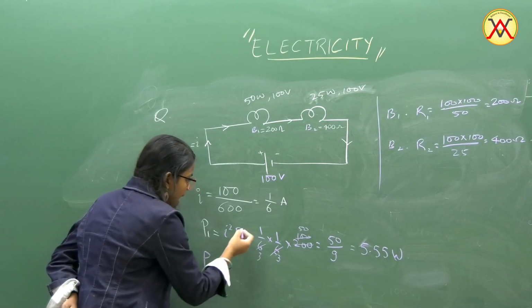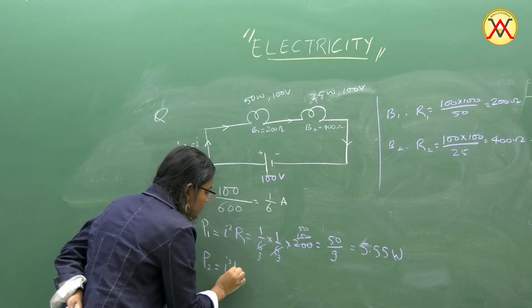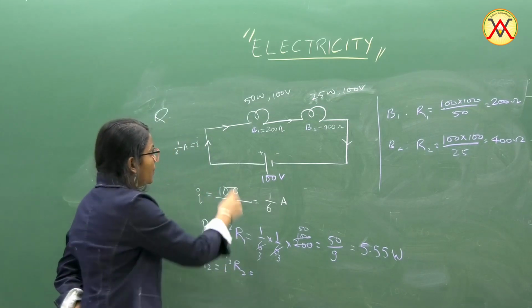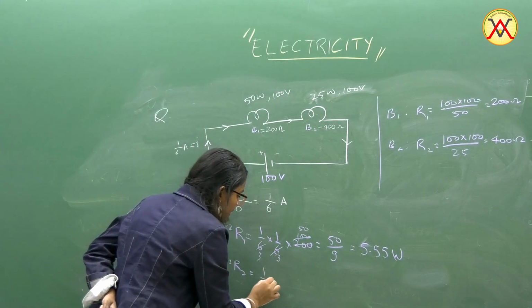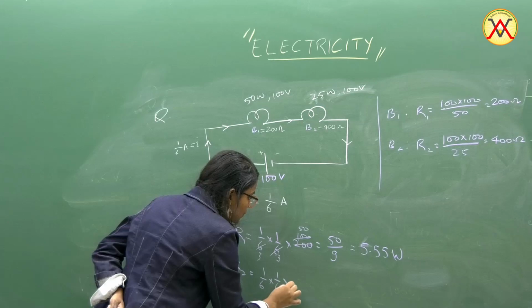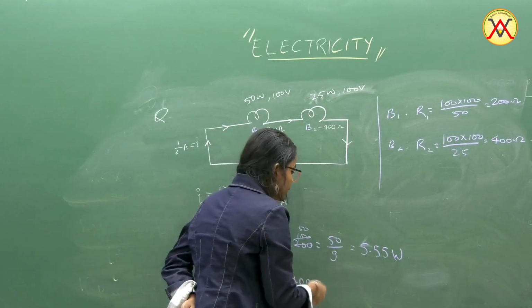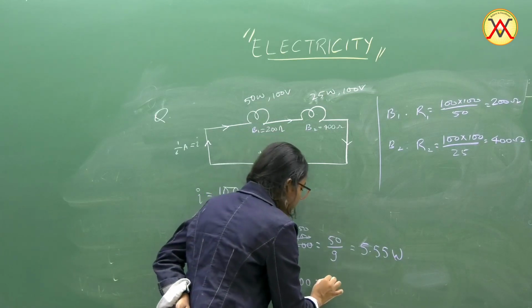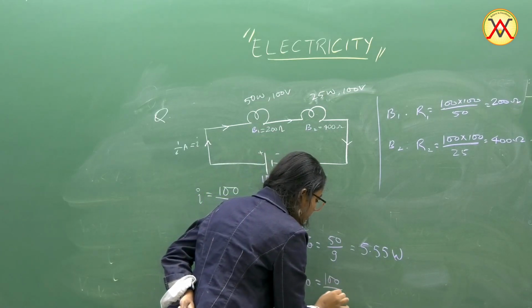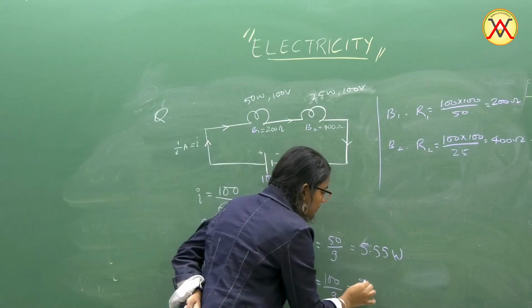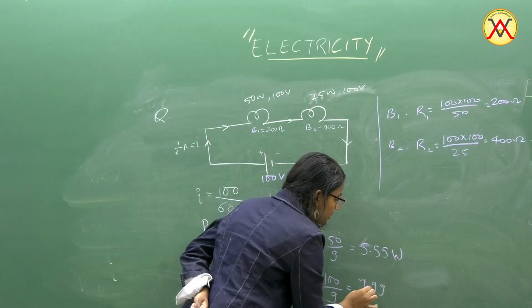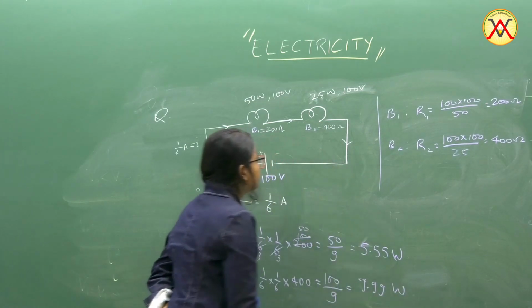P2 is again I square R2, which comes out to be 1 by 6 into 1 by 6 into 400, equal to 100 by 9, which is 9.99 watt.